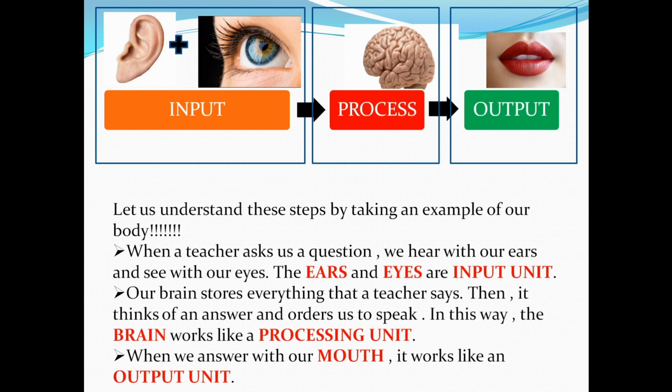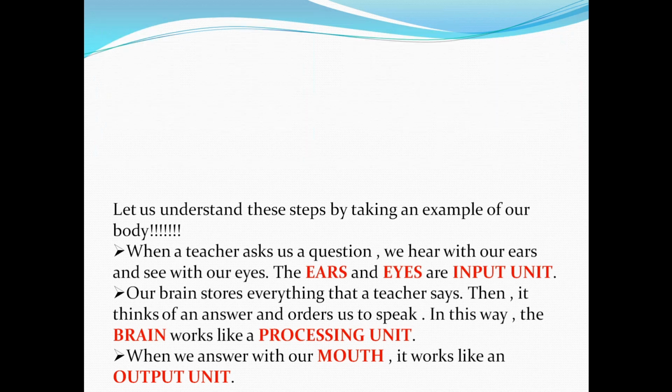Now, let us understand these steps by taking an example of our body. Children, suppose when a teacher asks us a question, we hear with our ears and see with our eyes. The ears and eyes are input unit.